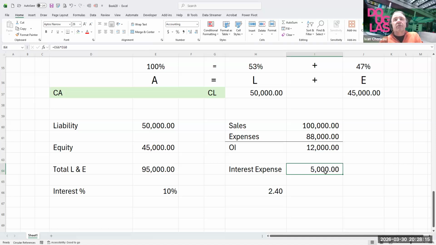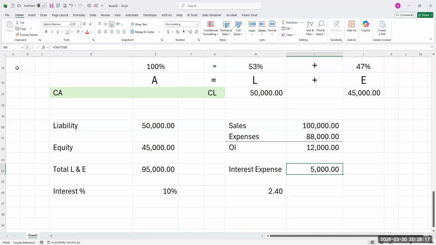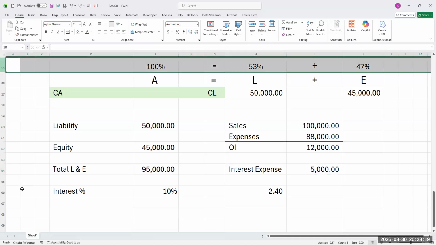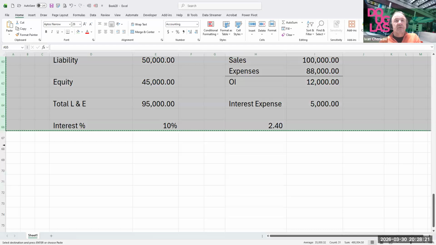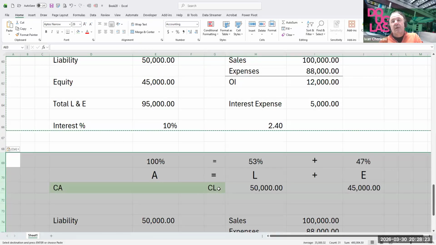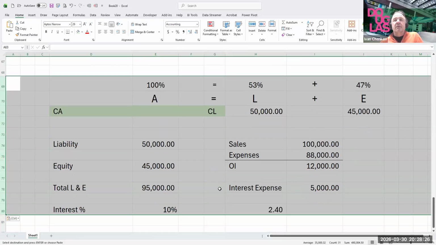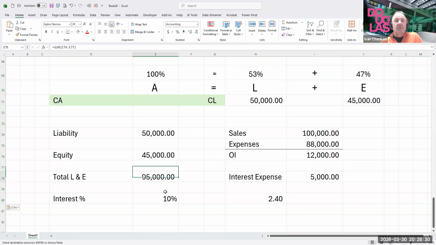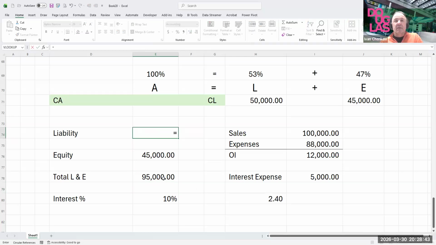Absolutely. Watch this, because I've seen others doing it and making money. Let's go here. What's gonna happen if the total liability and equity is 95? Okay, now I'm gonna work with the other one. This one is 95. Now this number here is gonna be 95 minus 45.